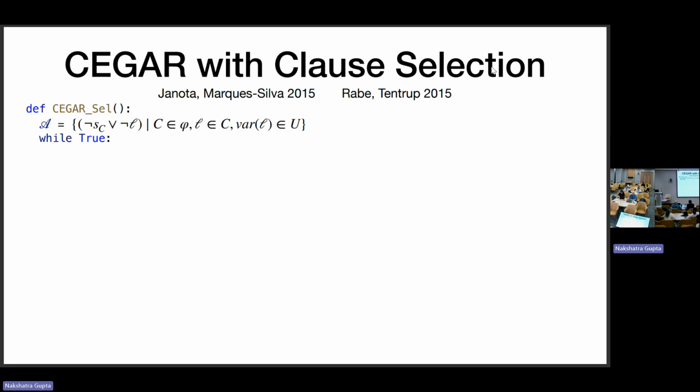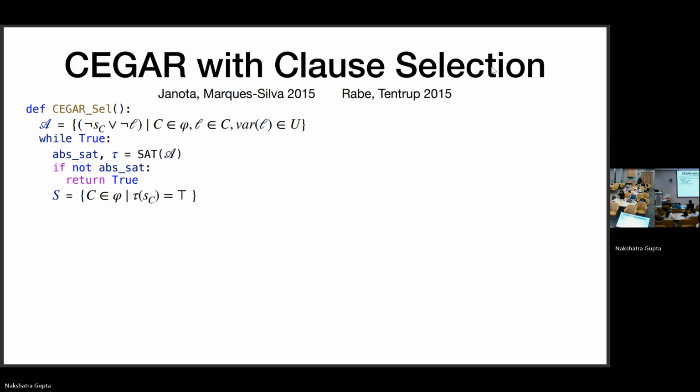And now we, again, run a loop where we solve the abstraction, or try to solve the abstraction. If the abstraction is unsatisfiable, then no moves are remaining for the universal player and the existential player wins. Otherwise, we take a look at the clauses that are selected. So that's just the set of clauses for which their selection variables are true.